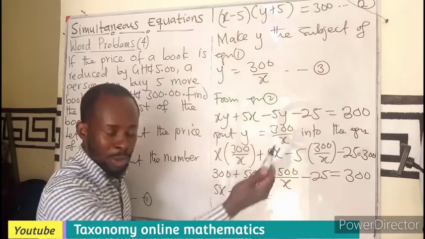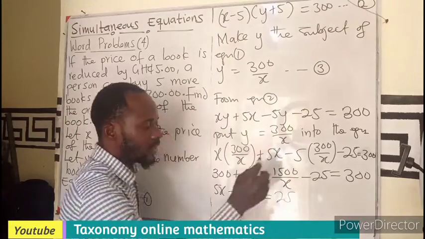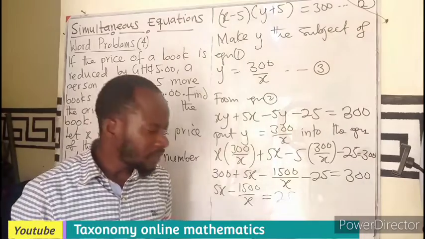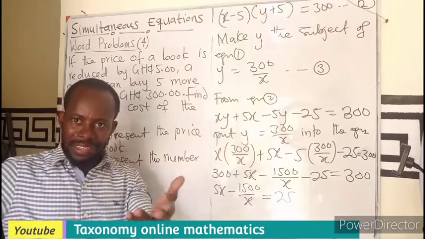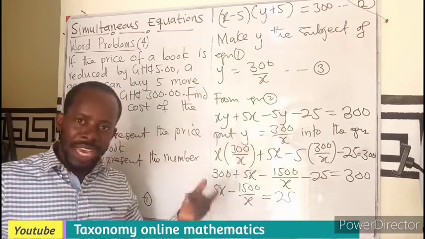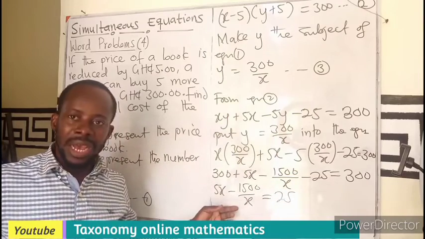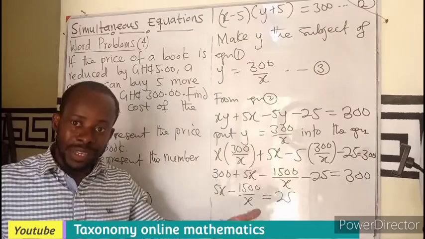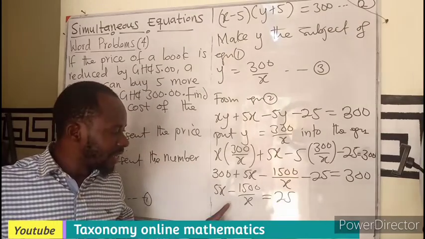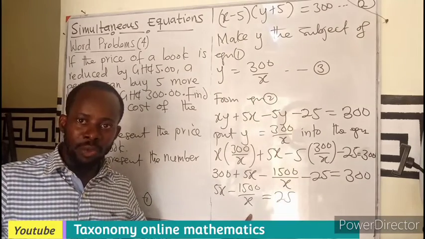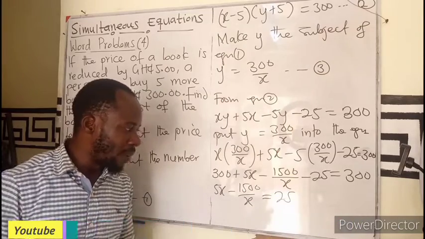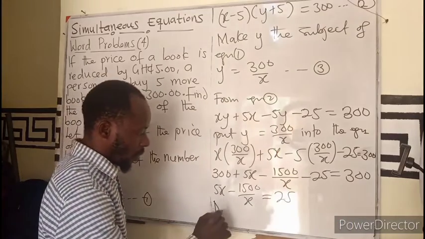Sending this as grouping of items gives me 25. So if I have this, this is still now a linear equation involving a fraction. So what should I do? I clear the fraction by using the LCM of the denominators. In this case, the denominator is going to be x. So multiply through by what? x.